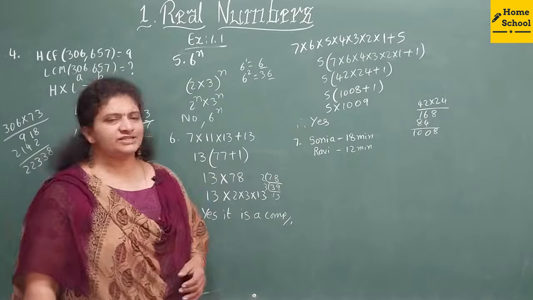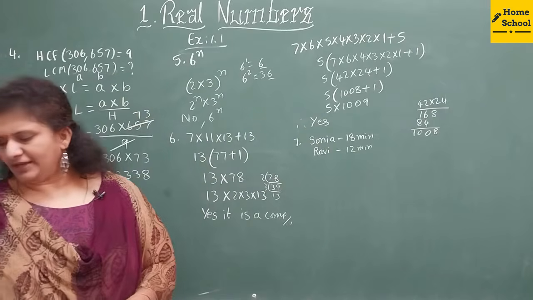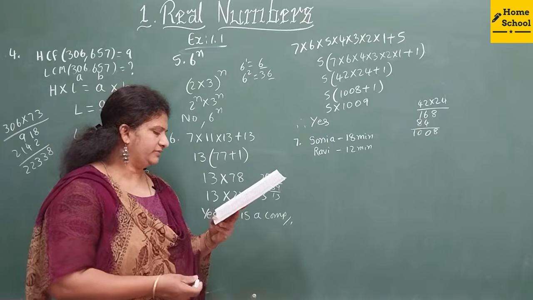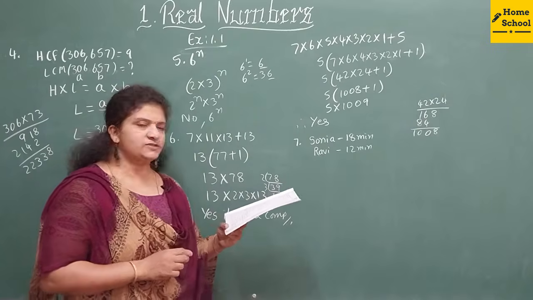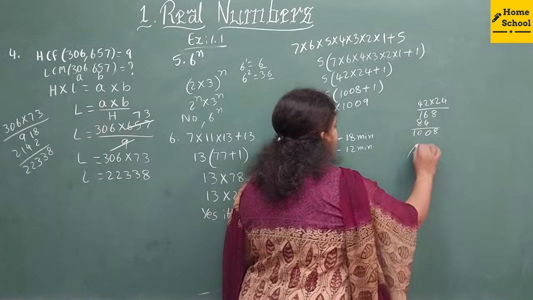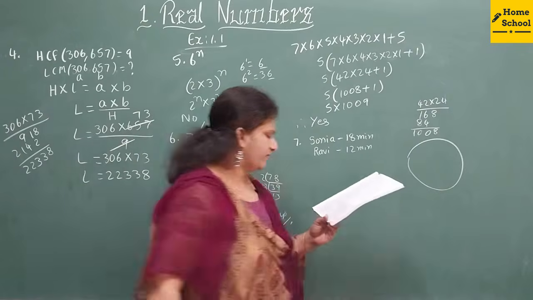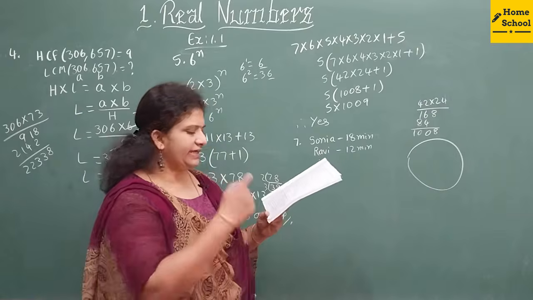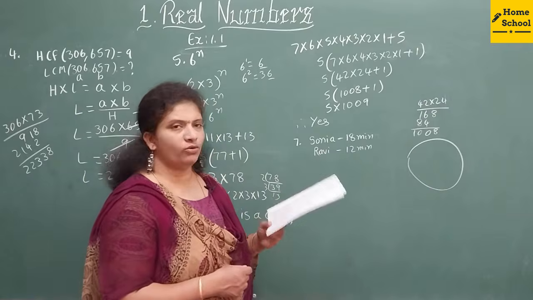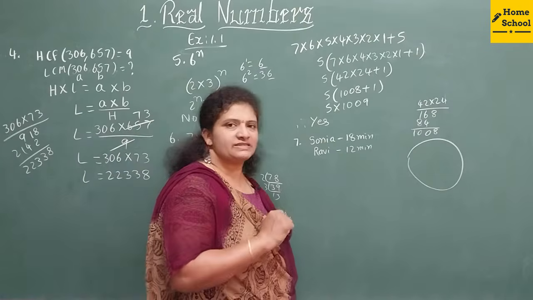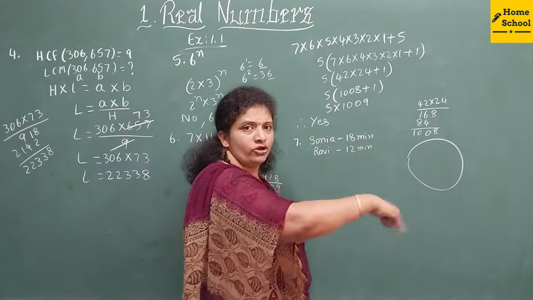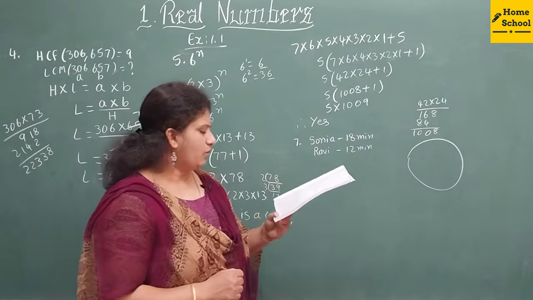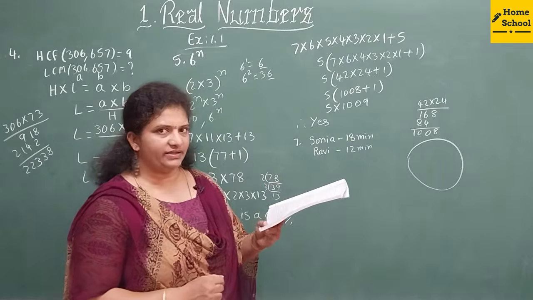Right? See the last problem in this. There is a circular path around a sports field. You imagine a circular path. Sonia takes 18 minutes to drive one round of the field, while Ravi takes 12 minutes.